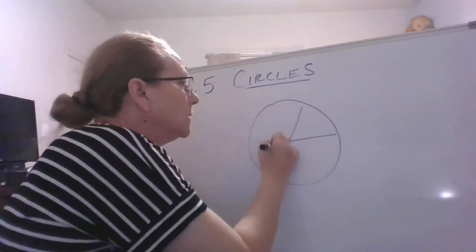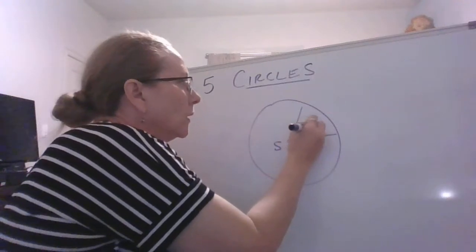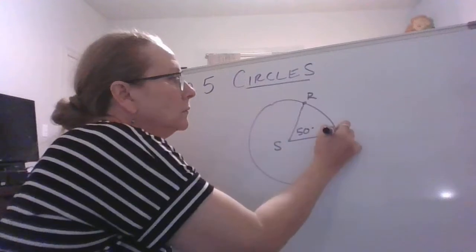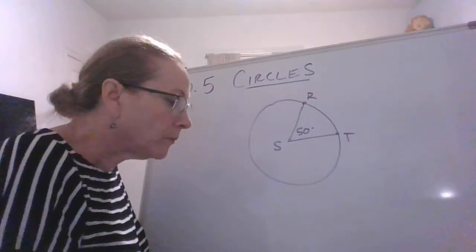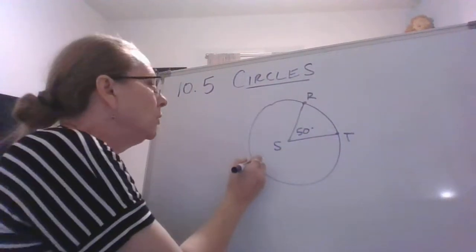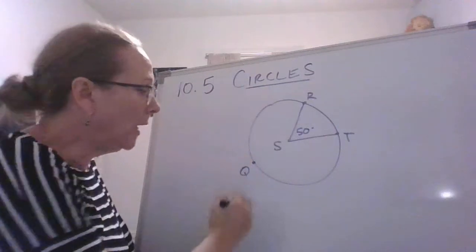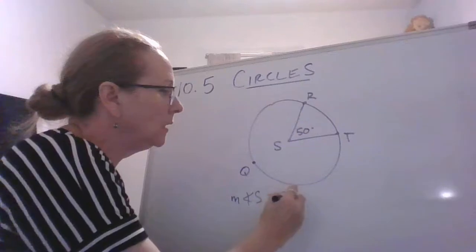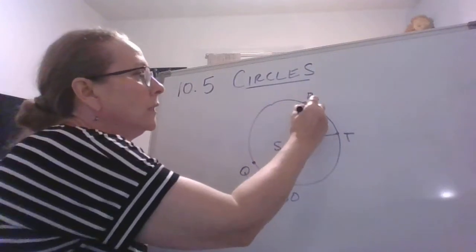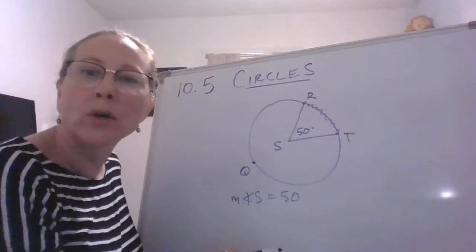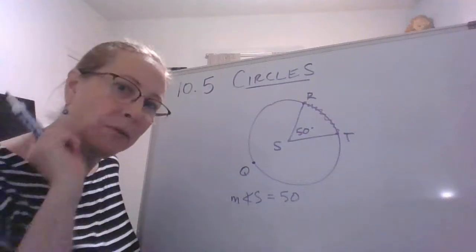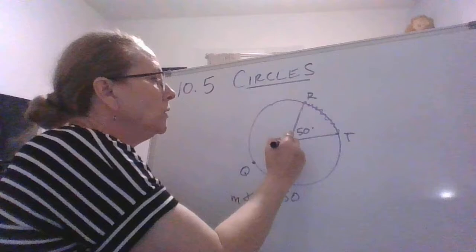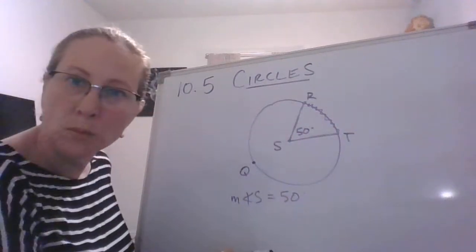So if we had this angle, 50 degrees, a little bit about notation. If this angle is 50 degrees, and we say measure of angle S equals 50, then this arc, we call that our intercepted arc. Just like if a football player throws a pass and somebody catches it, we're throwing these angles or these rays out to those points.